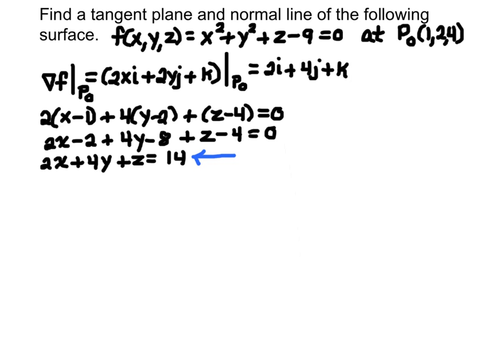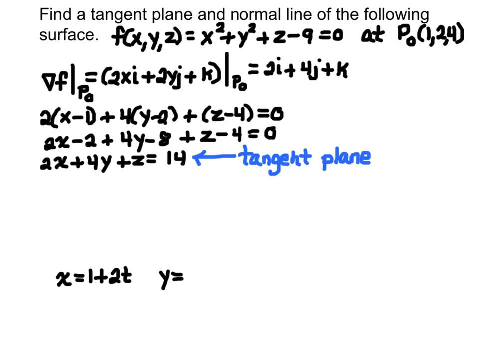So this represents our tangent plane. Now we find the normal line, and that is x is equal to 1 plus 2t, y is equal to 2 plus 4t, and z is equal to 4 plus t.